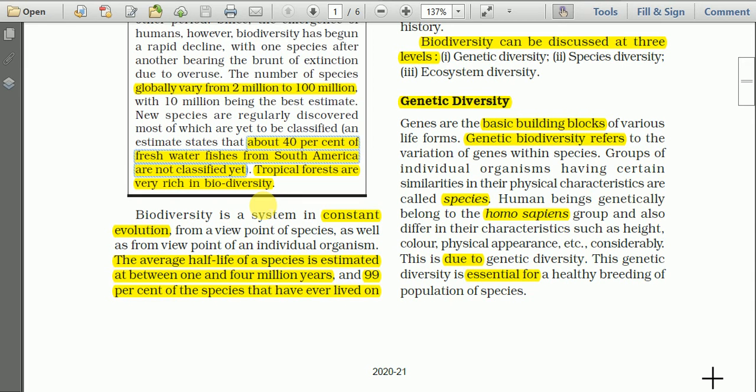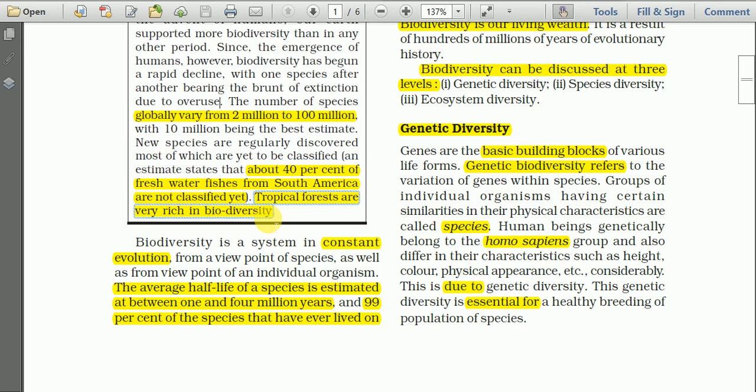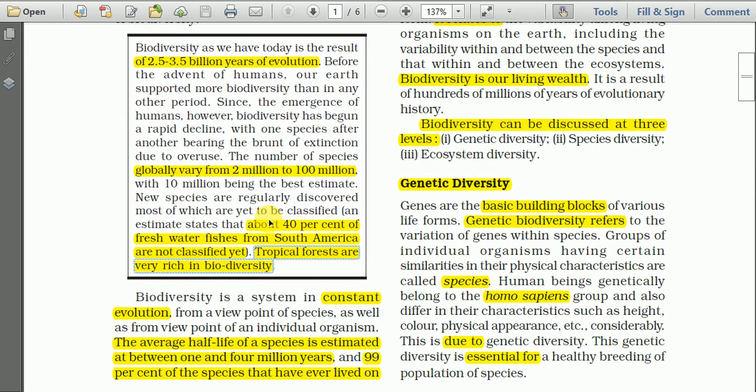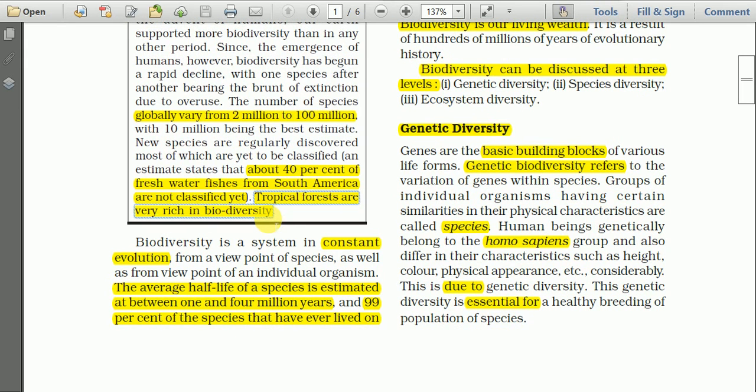And we know that tropical forests are very rich in biodiversity. As we learned earlier, biodiversity is the resultant effect of solar energy and water. So sunshine and water are abundant in tropical areas, and that is why biodiversity is very rich in tropical forests.